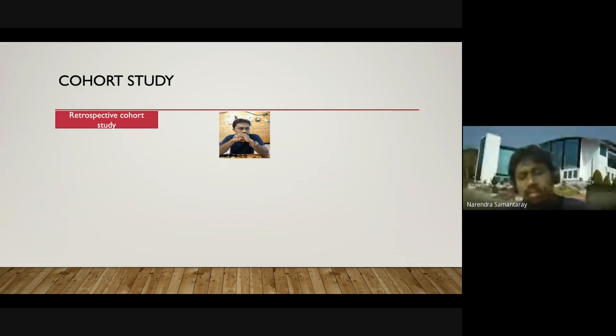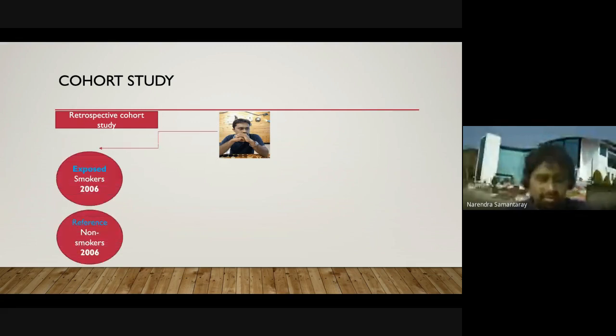We'll take the same example of smoking and lung cancer. Now I am at present in 2021, so I'll go back in time. Since 2006, I'll look at various data in hospital records or other records available to me.